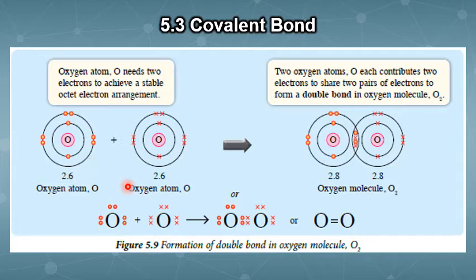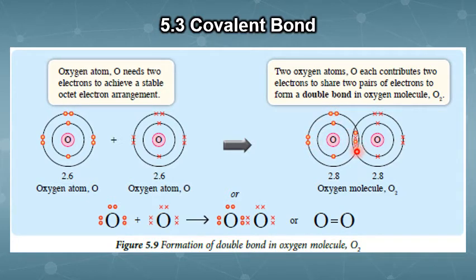There are 2 atoms of oxygen here, so what they do is, you look at the right, 2 oxygen atoms each contribute 2 electrons to share 2 pairs of electrons to form a double bond in oxygen molecule. So now you look at the picture here. The valence electron now becomes 8. 1, 2, 3, 4, 5, 6, 7, 8.